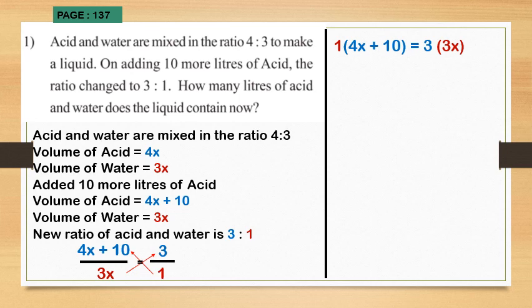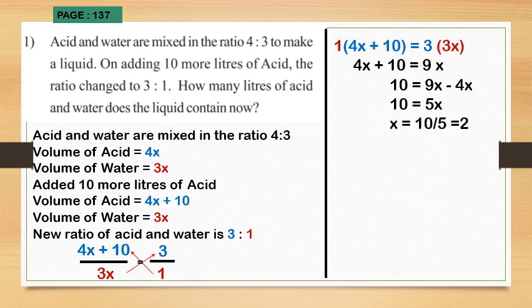Then simplify, we get 4x plus 10 equal to 9x. Then take 4x to the right hand side, we get 10 equal to 9x minus 4x. So 10 equal to 5x. From there x equal to 10 divided by 5, which is equal to 2. Now we get x equal to 2.